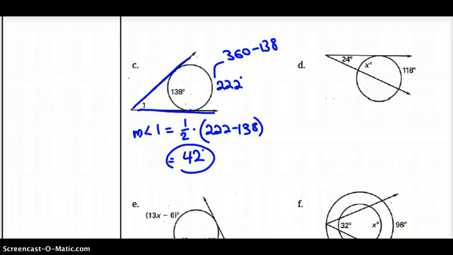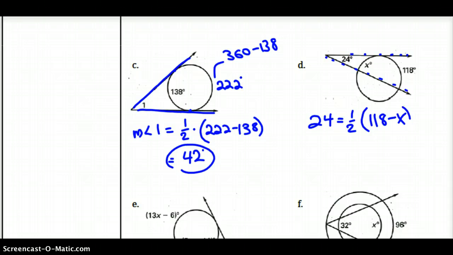Continuing here, again, it looks like a tangent and a secant. Now here they tell us the measure of the angle, 1/2 the large arc minus the small arc. With this, we have to be a little careful solving. I like to go ahead and multiply both sides by 2, and that will do the following.